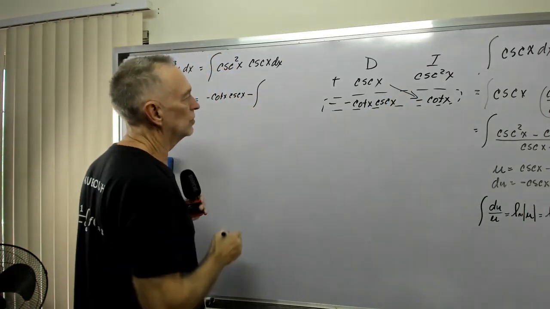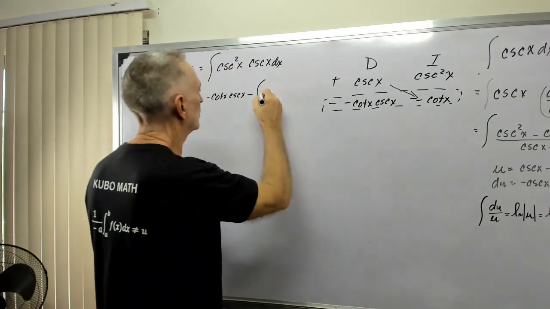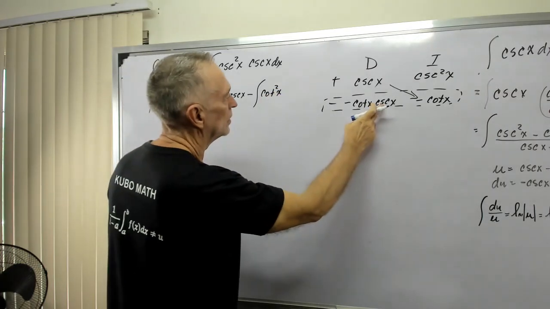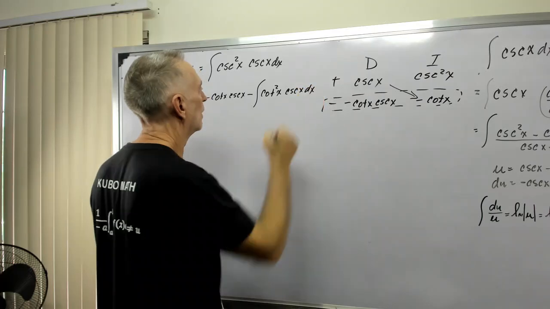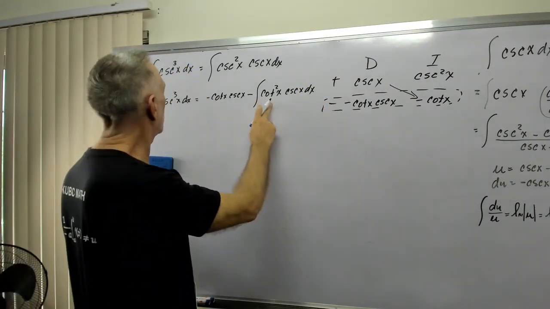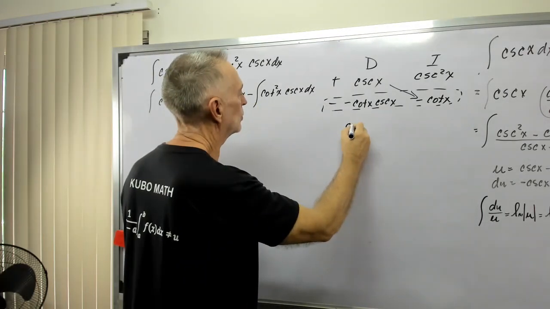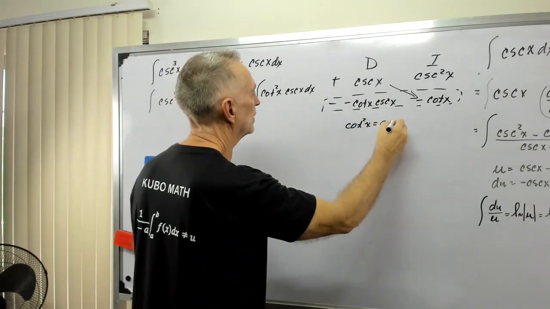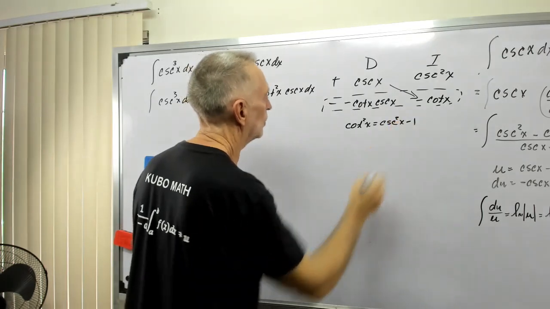The integral of cotangent times cotangent, which is cotangent squared x cosecant x. Well, cotangent squared x equals cosecant squared x minus 1.